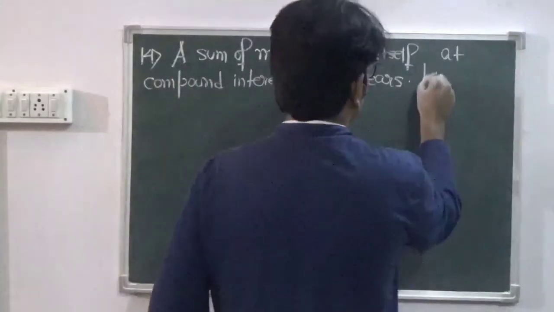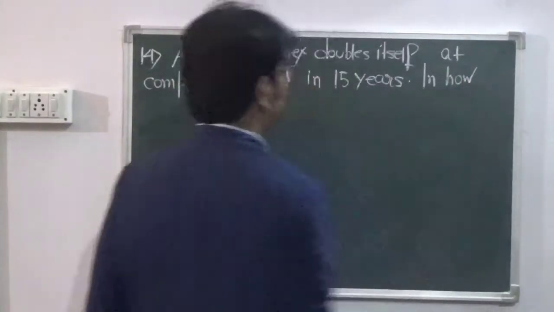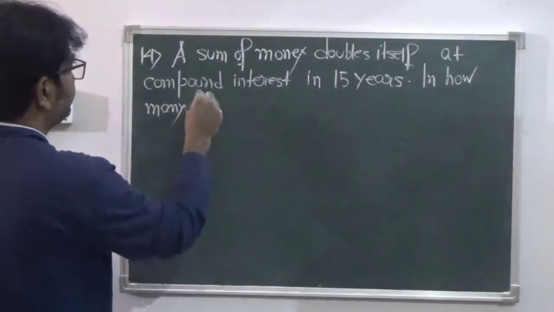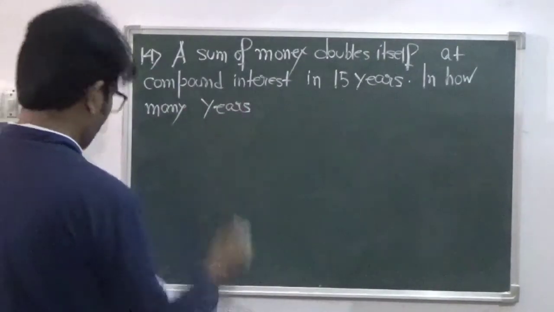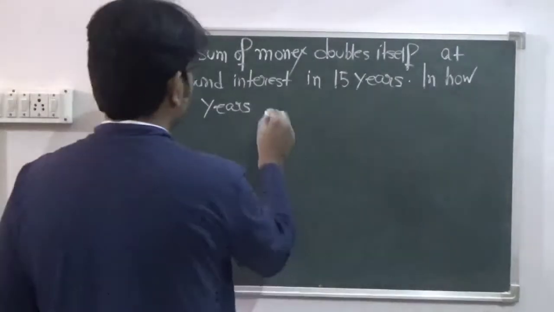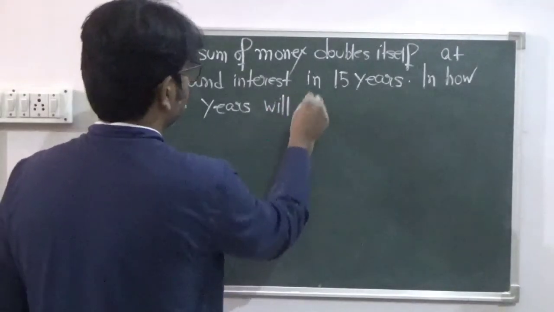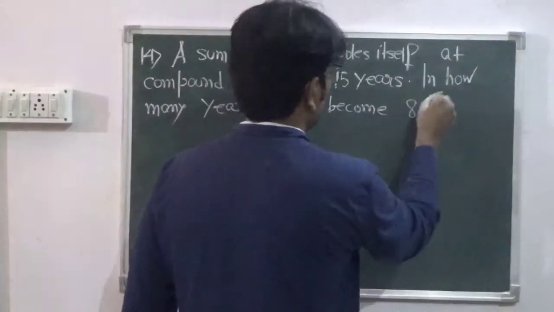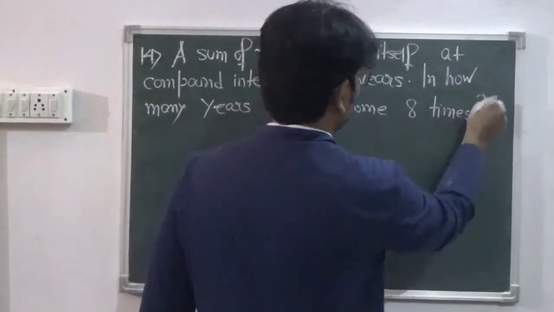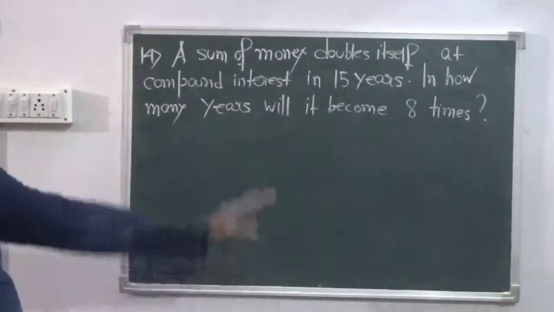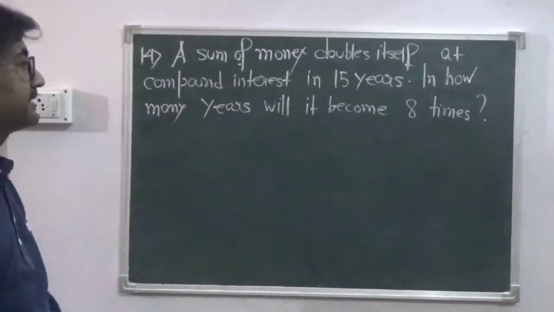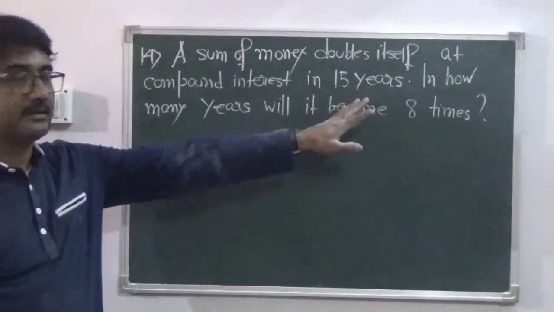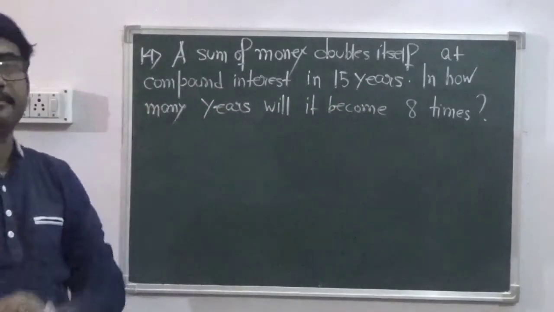In how many years will it become 8 times? So the question is, a sum of money doubles itself. If the sum is P, it becomes 2P at compound interest in 15 years. So in how many years will it become 8 times?